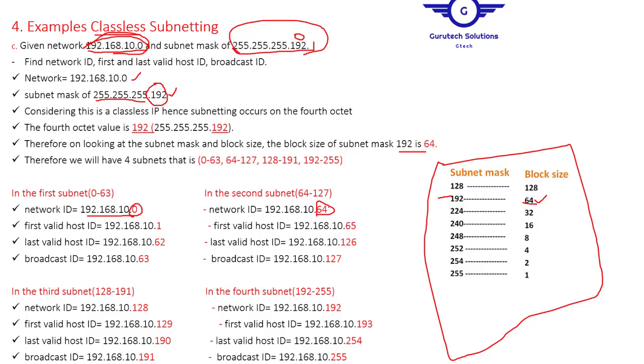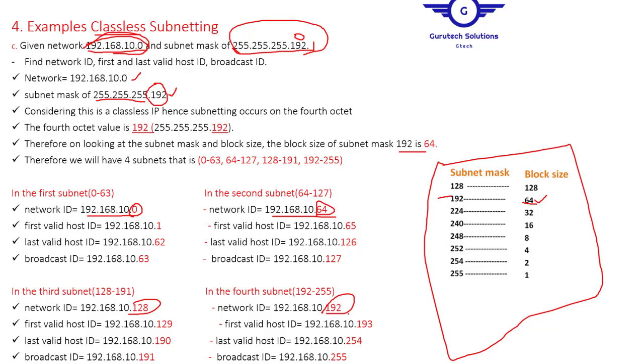Now for the second subnet, we should add 64, so the network ID of the second subnet should be .64. On the third subnet, we add 64 still, and it becomes .128. On the fourth subnet, we add 64 still, and it becomes .192.